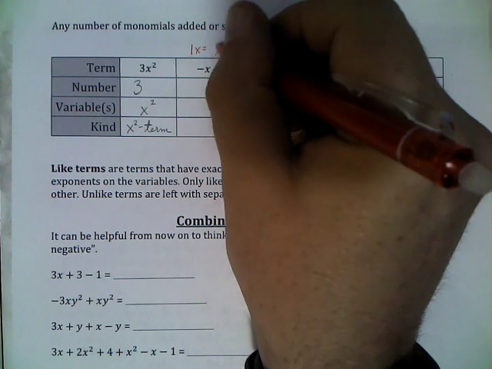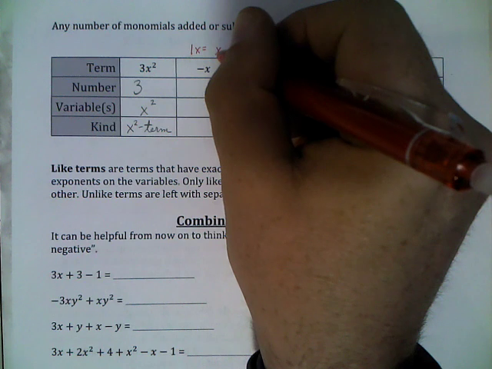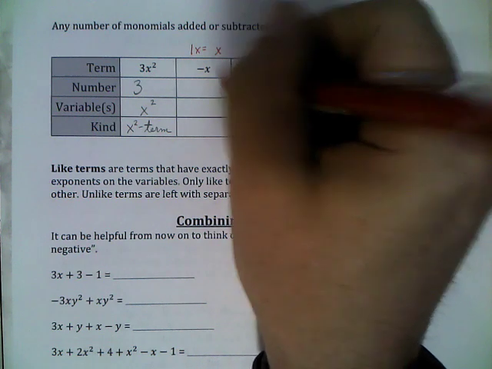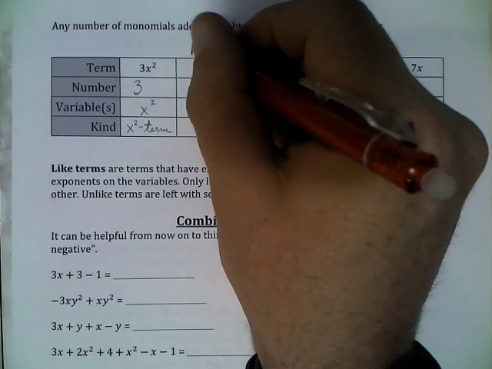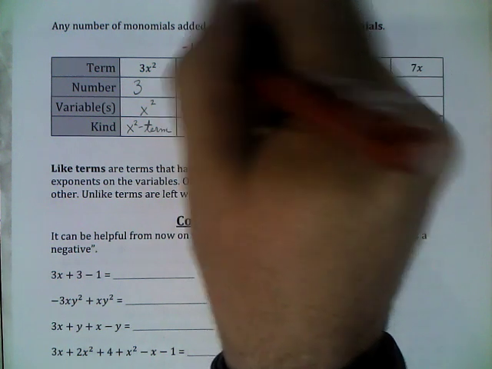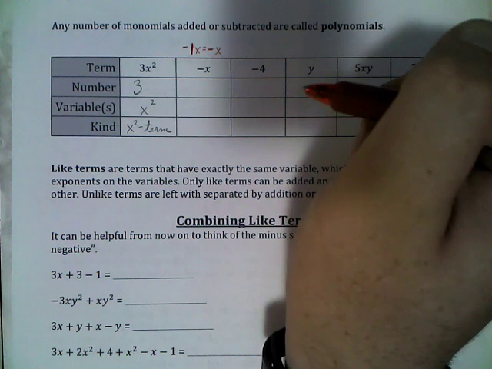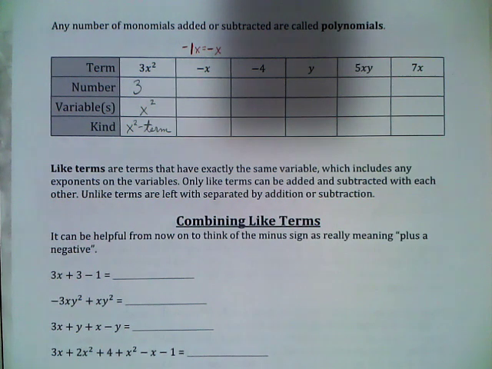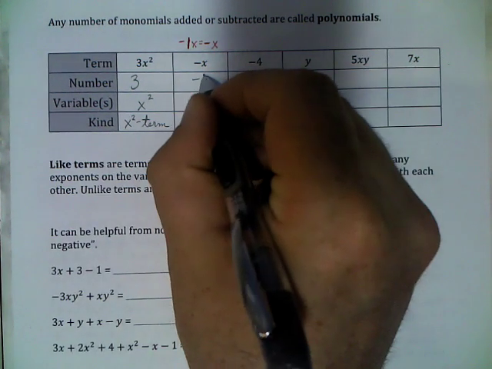So that means anytime that you've got a variable without a number in front, it's actually an invisible 1. Now in this case, it's a negative x, so that really just means it's a negative 1. That's our number out front. So our number here is a negative 1.